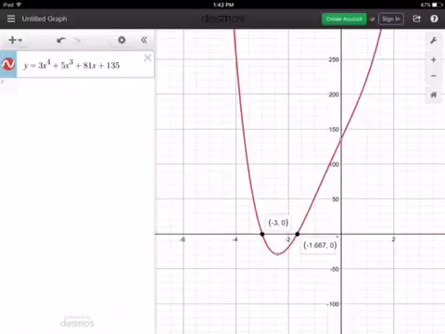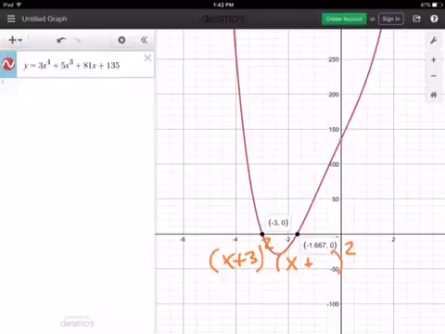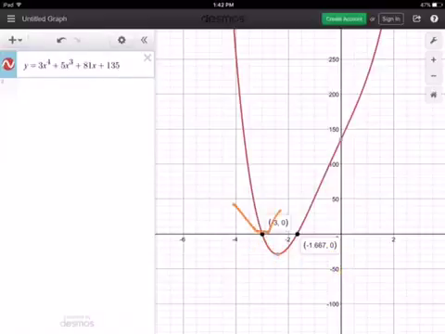So I know that I don't have 2 factors of x plus 3 and 2 factors of x plus 1.667, right? Because if that were the case, then I would see the graph bouncing at each of those zeros, rather than crossing.